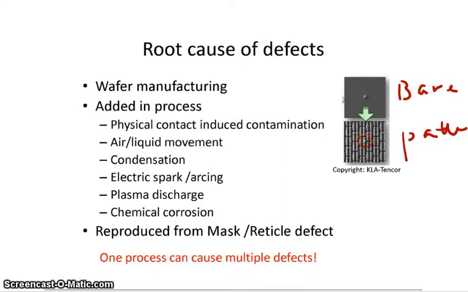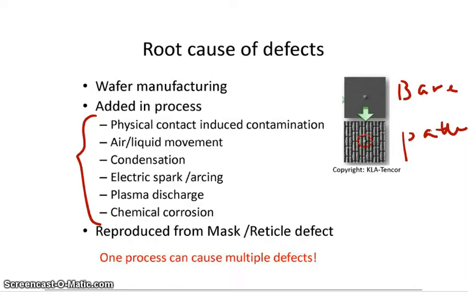However, most of the time, the defects are added during the process. Because we have so many different processes, over 150 steps and many different layers, there are a lot of processes that can cause a lot of particles or other defects.